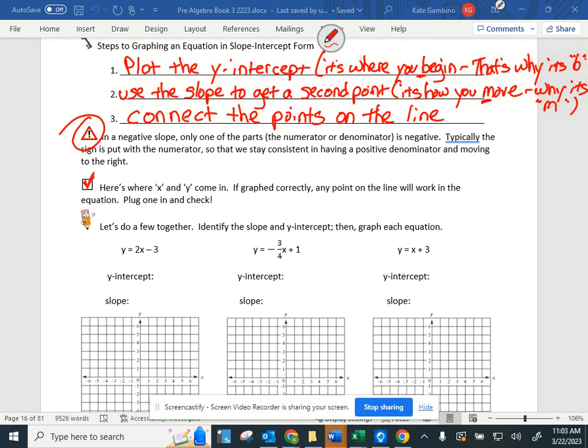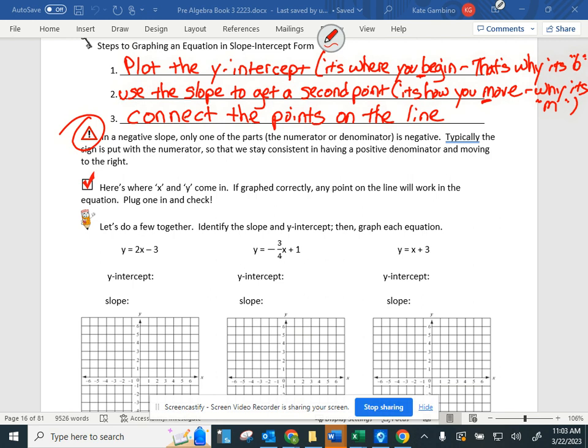Every once in a while, they give you a graph where the point is all the way over to the right, so you have to go backwards to go left to graph it. I think most of the ones that we are doing, we are going to the right. We know moving to the right on our graph is always positive. So that negative goes with the numerator, meaning you go down, right? So if it's a negative slope, you have to do that rise going down.